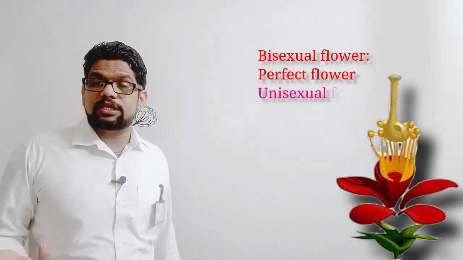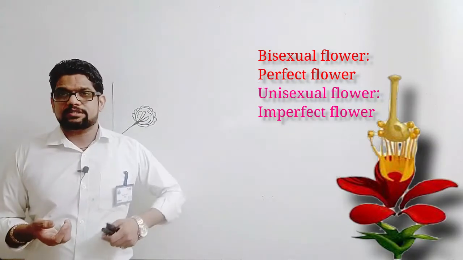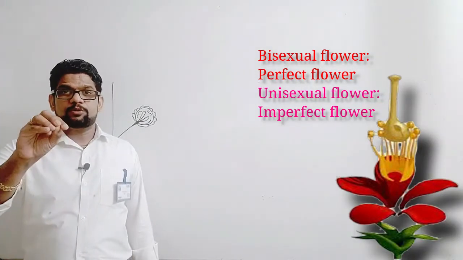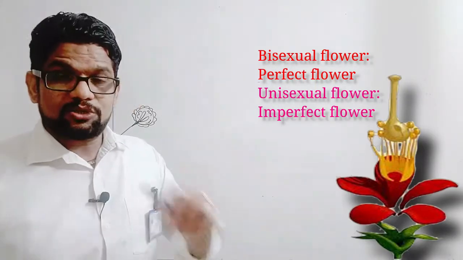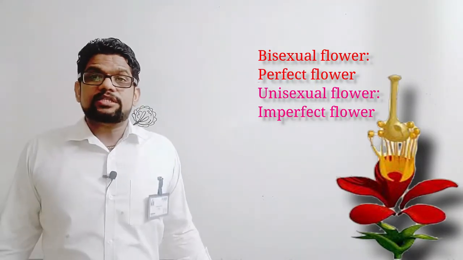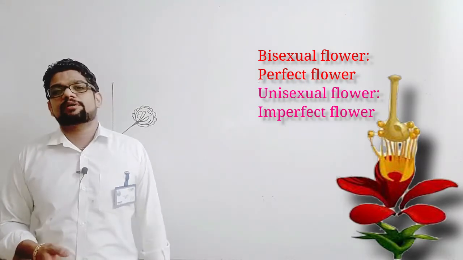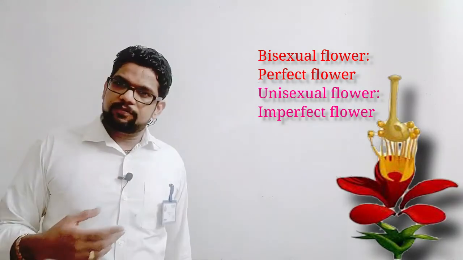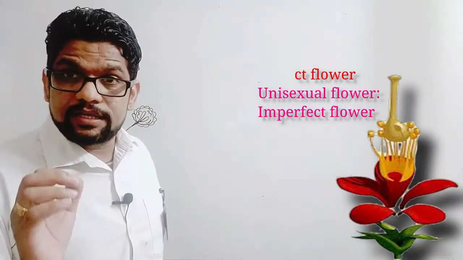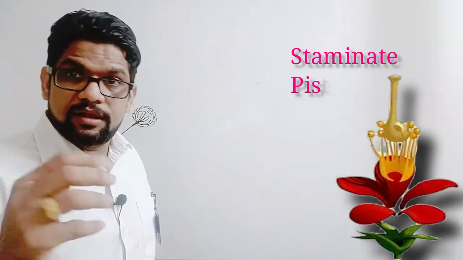Bisexual flowers are those in which androecium and gynoecium are both present; they are called perfect flowers. Unisexual flowers are imperfect flowers, male or female. If androecium is there, that is a staminate flower. If gynoecium is there, that is pistillate.